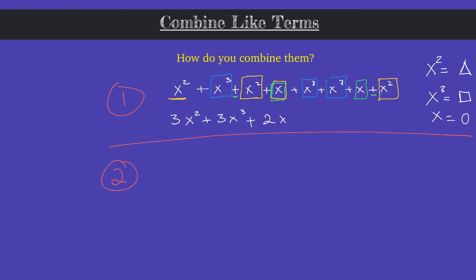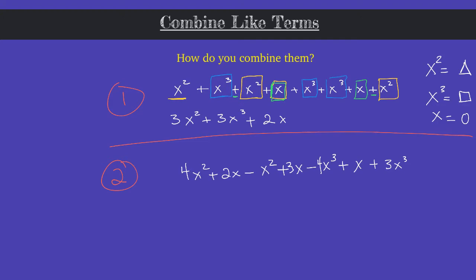Let's say you end up with 4x squared plus 2x minus an x squared plus a 3x, minus, let's say we did 4x cubed plus x plus 3x cubed. Okay, so I definitely just made that up, but the concept is still the same.